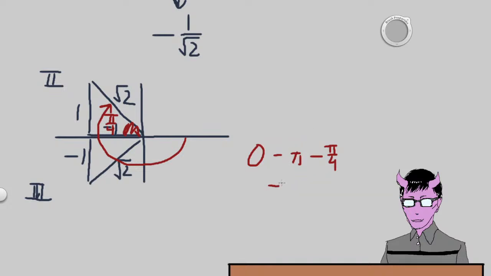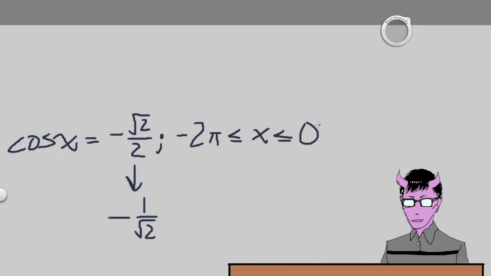Combining those two, we have negative 5 pi over 4. So that one is from here, starting from neutral to there. And again, we're starting with the negative value because of our domain restrictions; this one is cut off at 0.